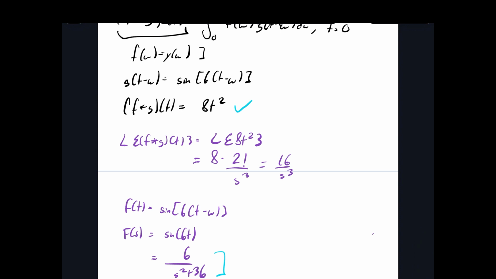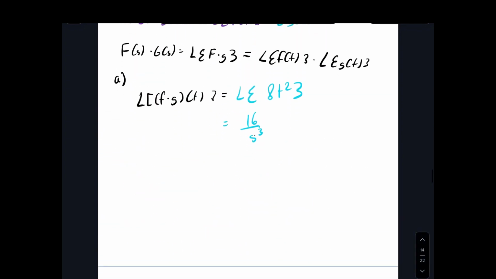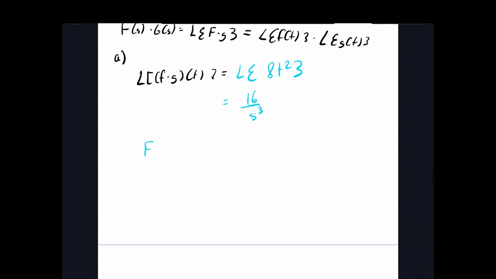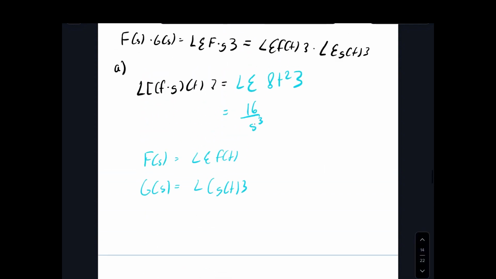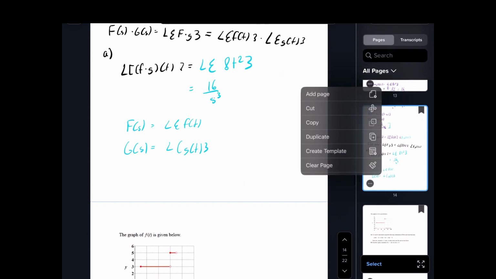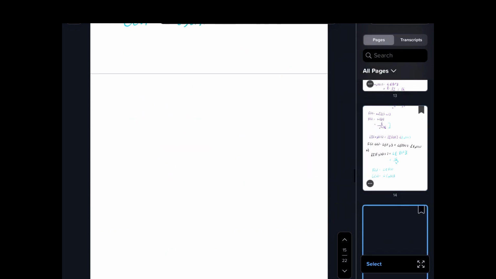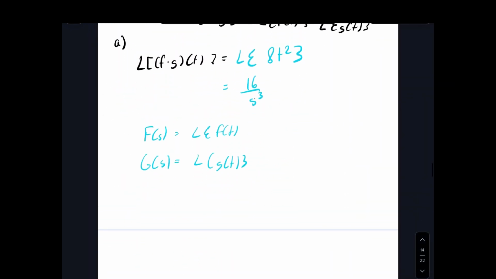And if I'm solving for my L of g of t, I've got f at s equals L of f at t, and g at s equals L of g at t. If I plug everything together so far, then I will get this formula.